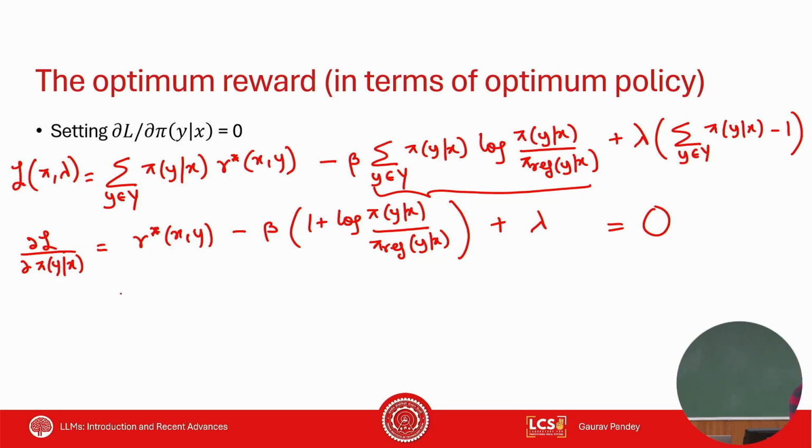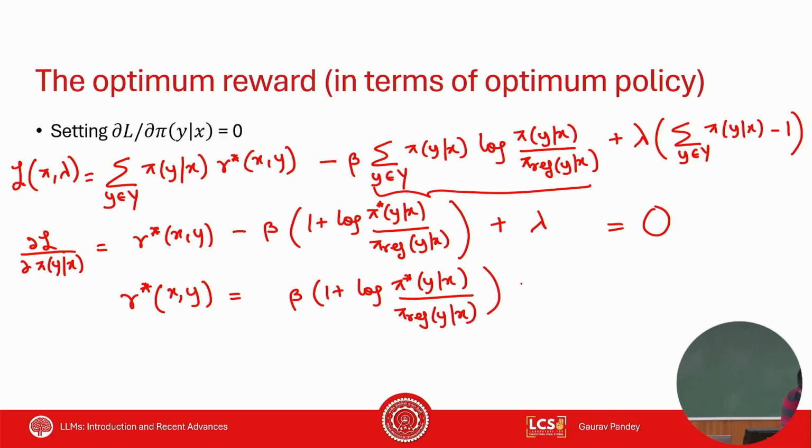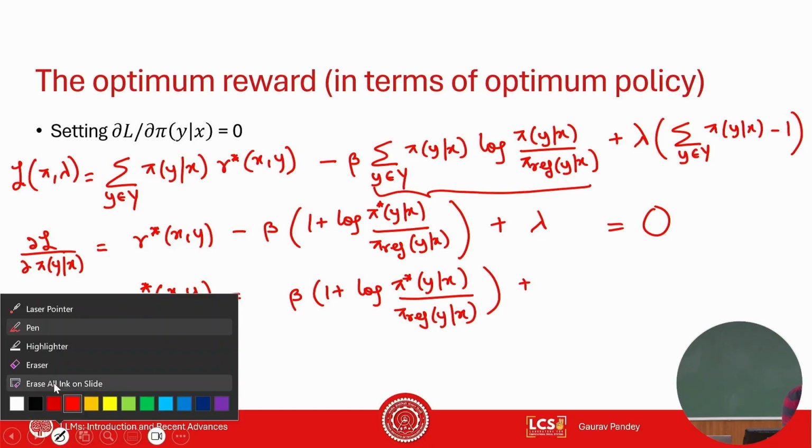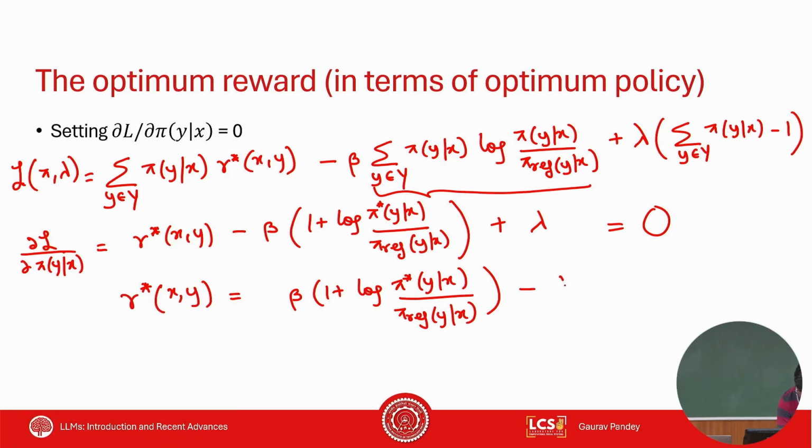So this gives us the optimum reward. When we are equating it to 0, this is pi star, right? For the value of pi star we are equating it to 0. So r star, the optimum reward, can be written as beta times 1 plus log of pi star of y given x over pi ref of y given x, minus lambda.